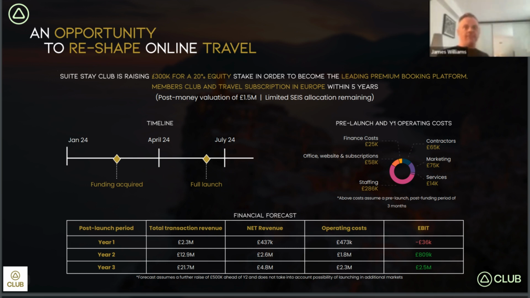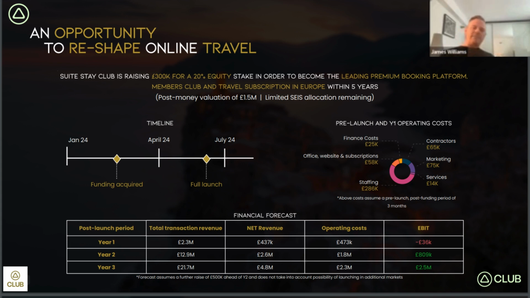So UX design, front end, back end build, start committing to staff, and we reached that towards the end of February. So March has been a very busy month for us. We still have some space in that first round and a limited amount of SCIS if there's any interested parties in the room.